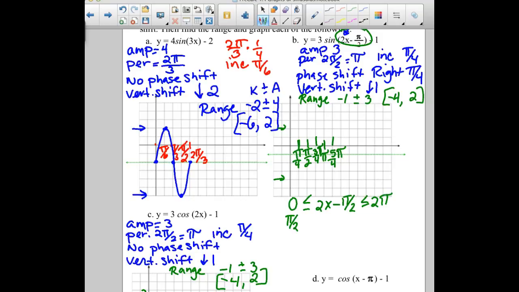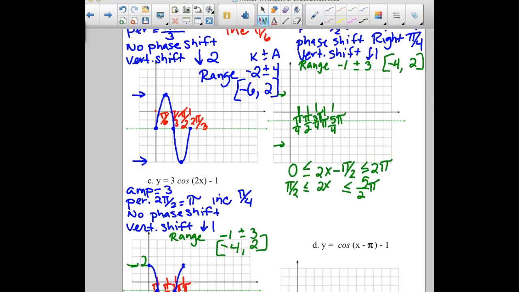So we get pi/2 is less than or equal to 2x, less than or equal to what? What's 2 pi plus another half? Right? 2 pi is 4 halves. Adding one more half is 5 halves. And then our last piece was to divide by 2. So we get pi/4 up to 5 pi/4, which is what we are just coming up with on our tick marks here, yes? We're going to start at pi/4, we're going to stop at 5 pi/4.